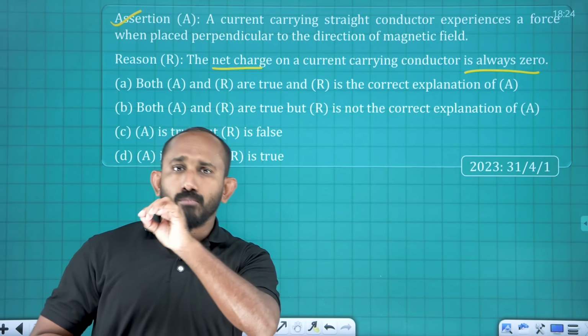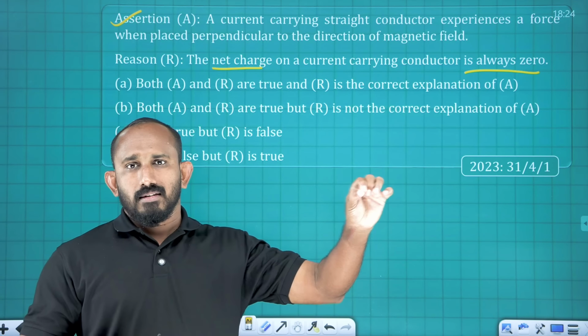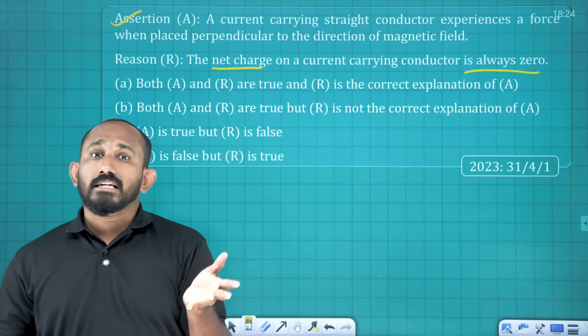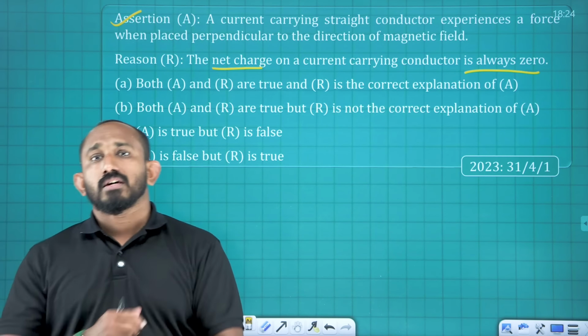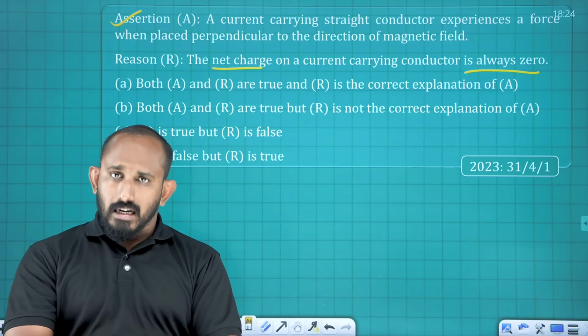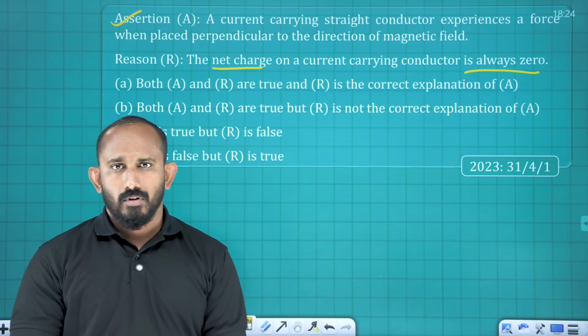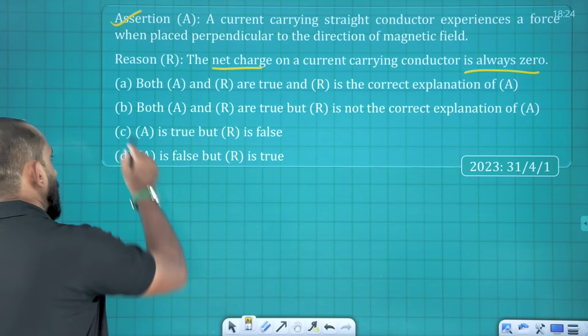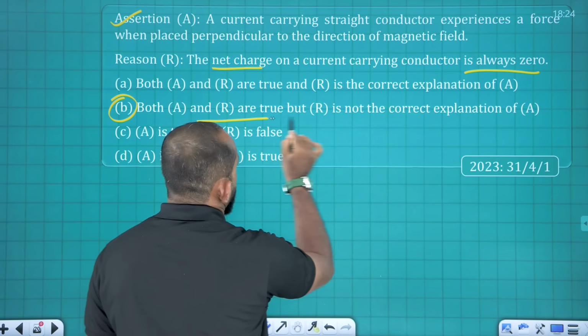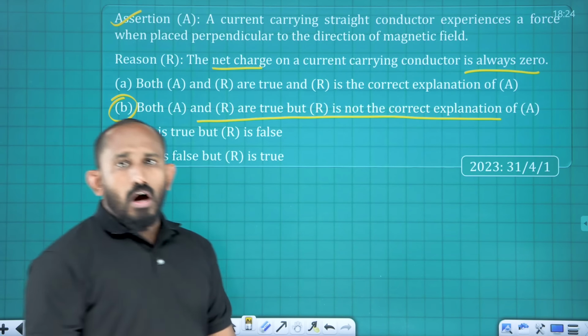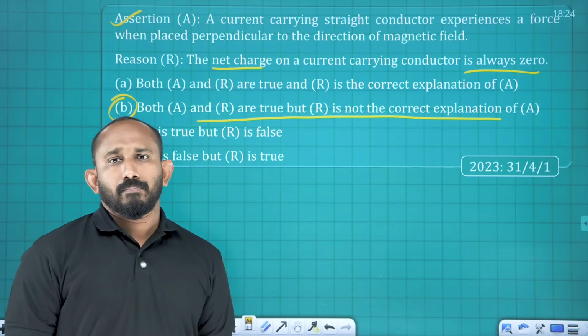Though the free electrons are moving through the conductor, the total number of negative charges and the total number of positive charges inside the conductor will be the same. So the net charge on the conductor will be zero only. Neutral it will be. Both are correct only, but not the correct explanation. So R is not the correct explanation of A.